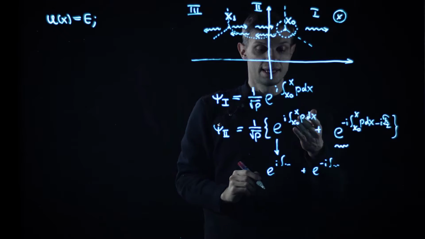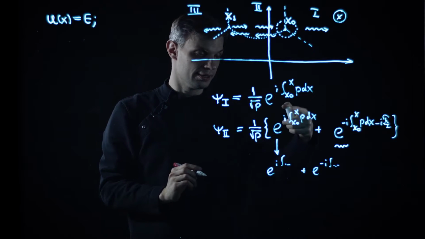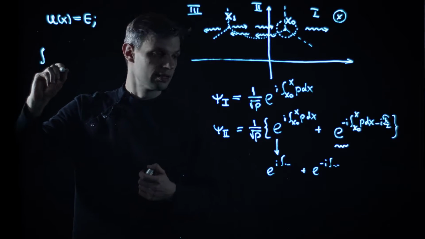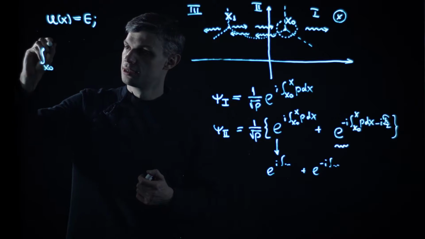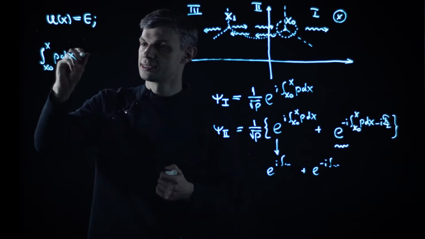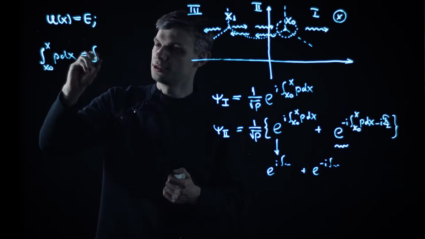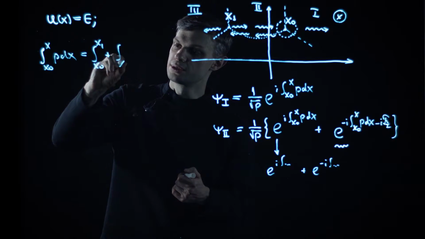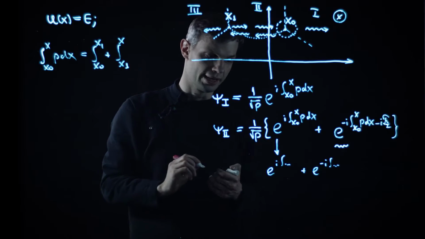So to simplify things, let's split these semi-classical integrals in the exponents in the following manner. The integral from x0 to x is split into the integral from x0 to x1 plus the integral from x1 to x.